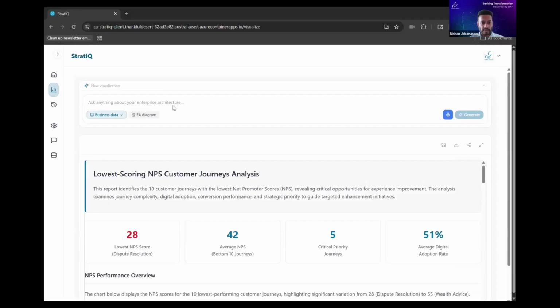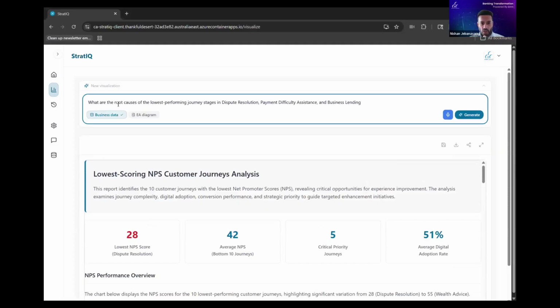Now, in this case, I can be specific in my prompt, because I know that dispute resolution, payment difficulty assistance and business lending are the lowest performing journeys. In my back and forth with the AI and my architecture, I can say, what are the root causes of these low performing journeys? And I'll specifically name them: dispute resolution, payment difficulty assistance, and business lending.